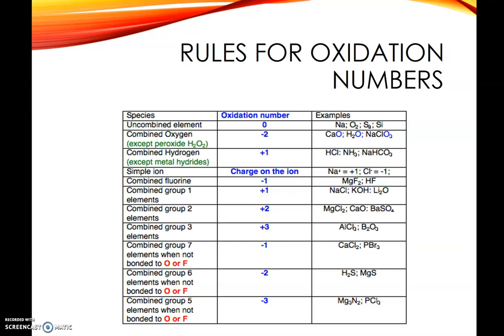Any uncombined elements, by that we mean an element which is not combined with another element. The confusion is if you've got something like O2, the oxygen atoms are combined, but they're combined to atoms of itself. So any element in its ordinary elemental state has an oxidation number of 0 by definition.